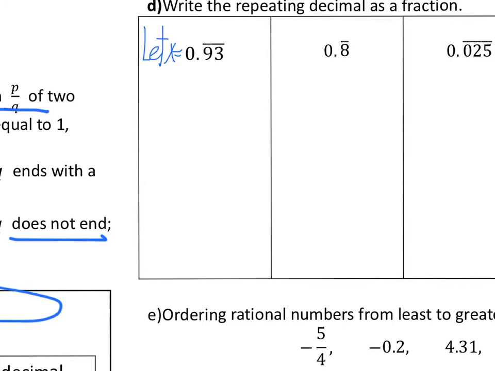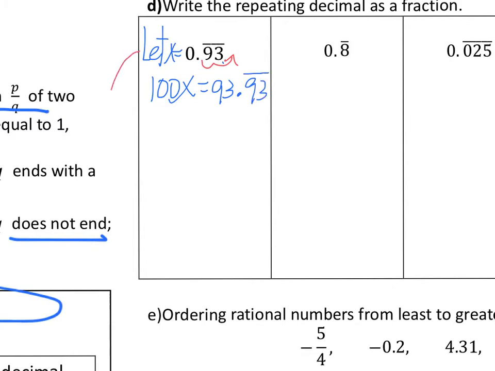Because there are 2 repeating decimal places, 9 and 3, I'm going to multiply x by 100. And because I multiply by 100 on the left side of the equation, I would like to shift the decimal to the right 2 times. And then I would get 93.93 with 9 and 3 repeating.